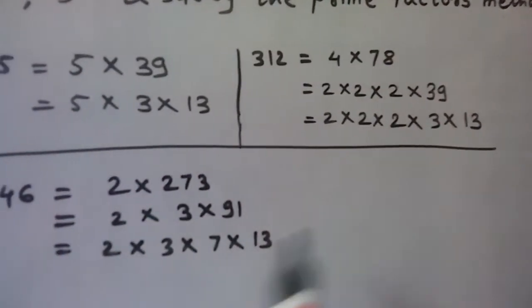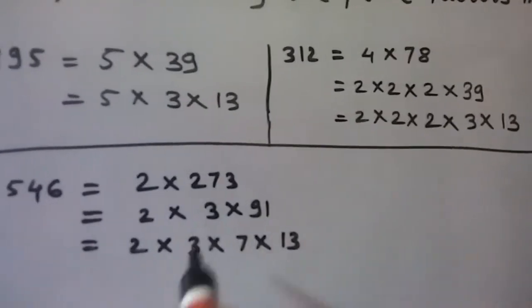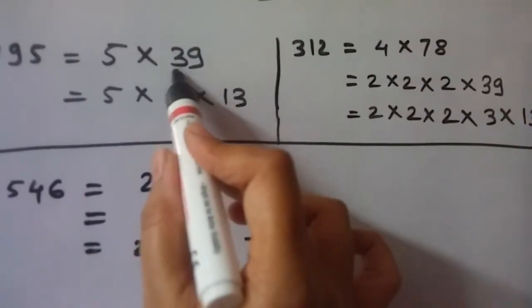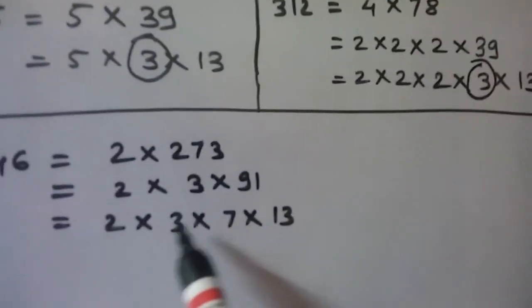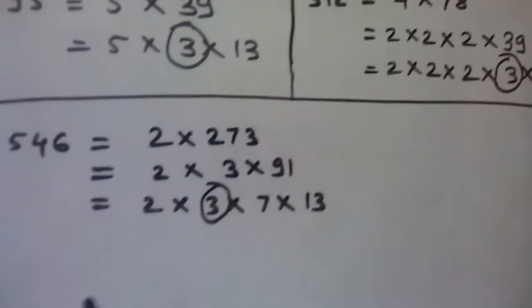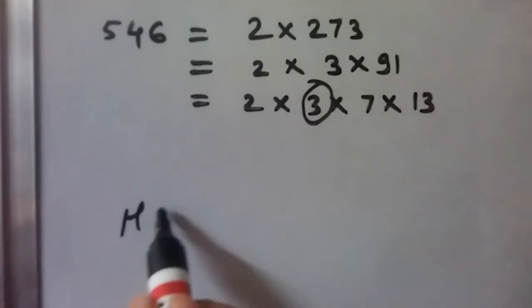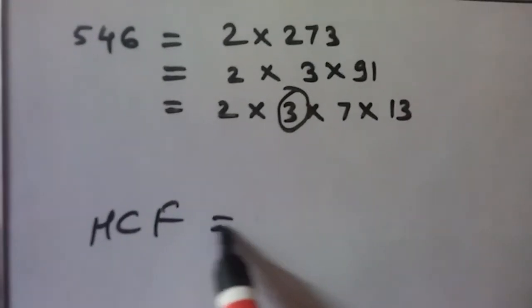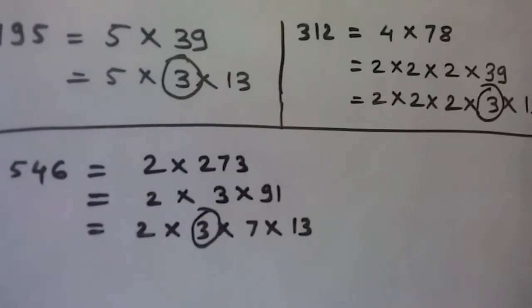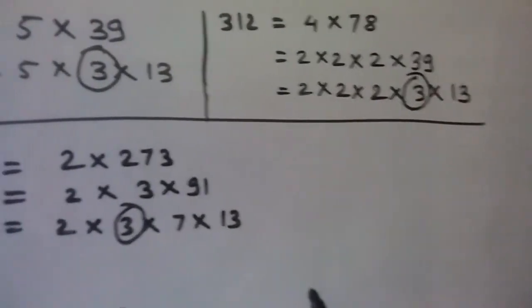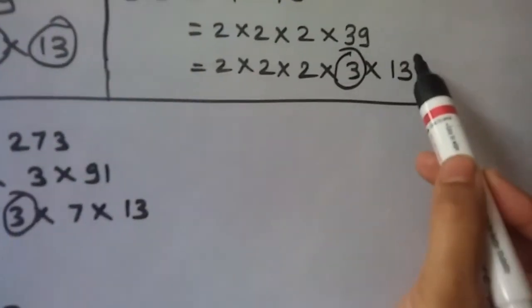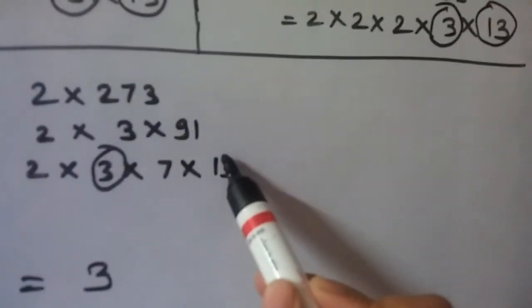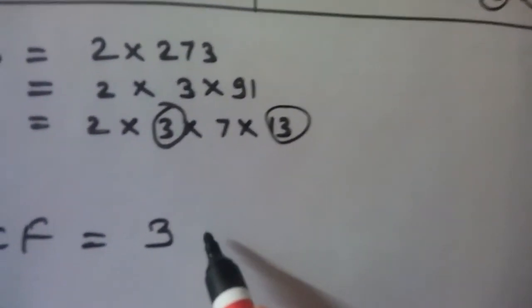5 is not here and not here. See, 3 is there, here also 3, and here also 3 is there. Now again, which common number is there? See, 13 is here, also 13 here, and here also 13 is there.